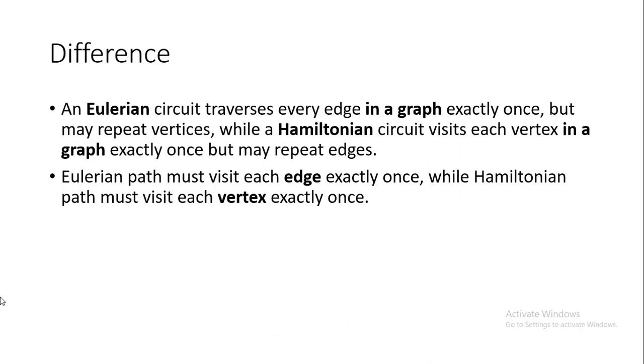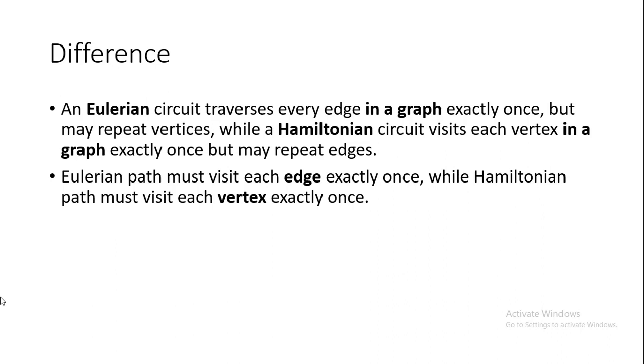Now see here, what is the difference between the Eulerian or Euler circuit and the Hamiltonian or Hamilton circuit? An Eulerian circuit traverses every edge in a graph exactly once, but may repeat vertices, while a Hamiltonian circuit visits each vertex in a graph exactly once, but may repeat edges.